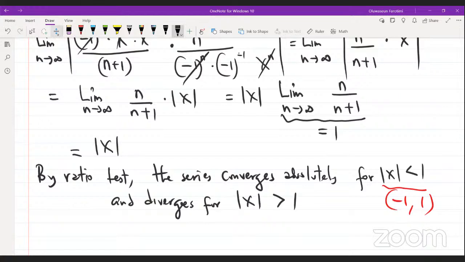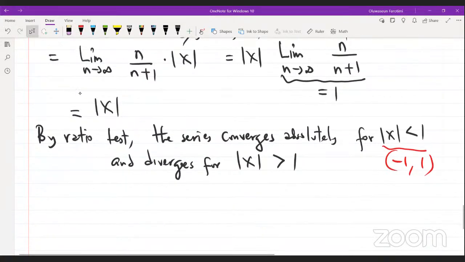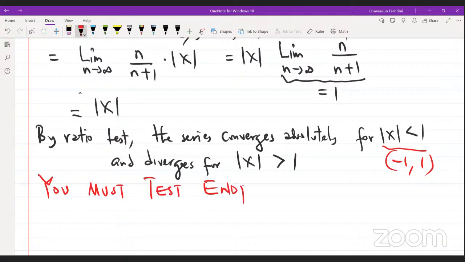It's important, guys. You must test endpoints. So let me write that, in fact, in red pen. You must test endpoints. It's a must. If you don't do that, then your conclusion, we're not sure. It might not be absolutely true.